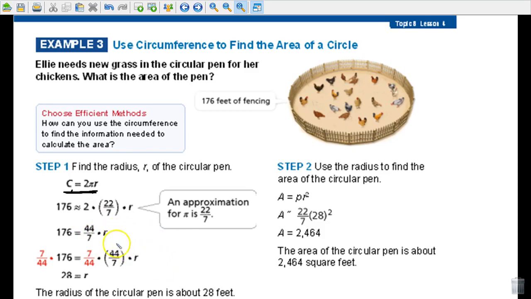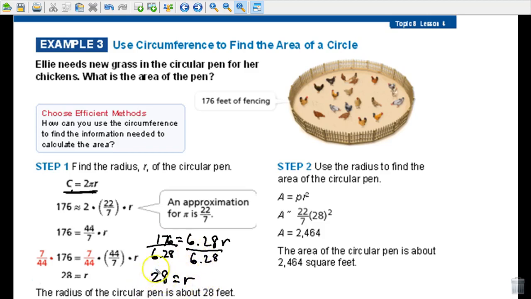So we're going to do 176 equals 6.28r. And then you divide both sides: 6.28r divided by 6.28, and 176 divided by 6.28. And then we will get 28 equals r.